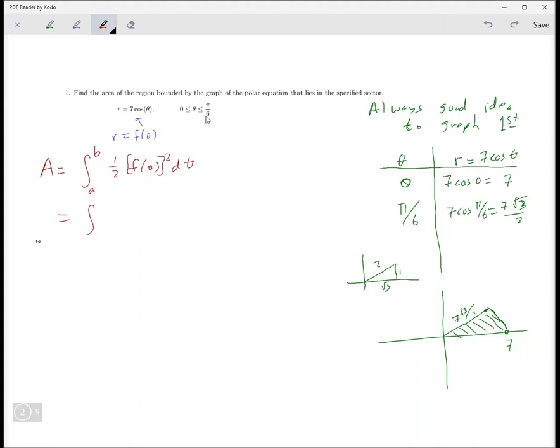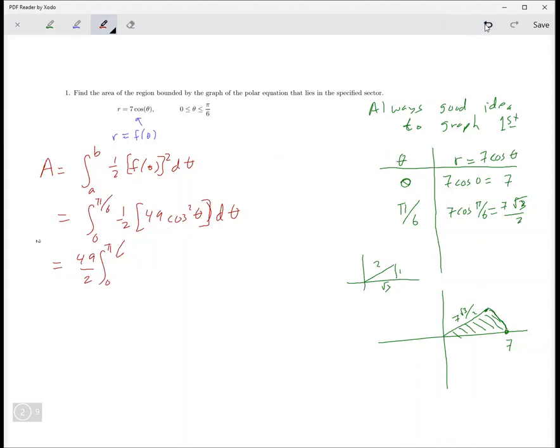Your limits are 0 to pi over 6, and squaring this gives 49 cosine squared theta d theta, and I can pull the 49/2 all the way out.